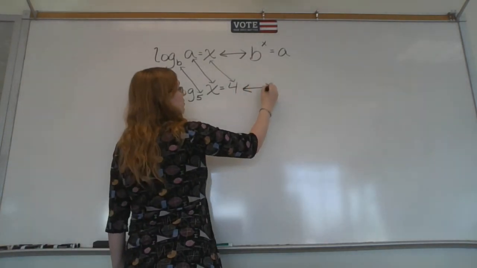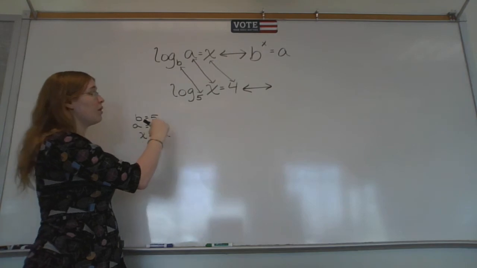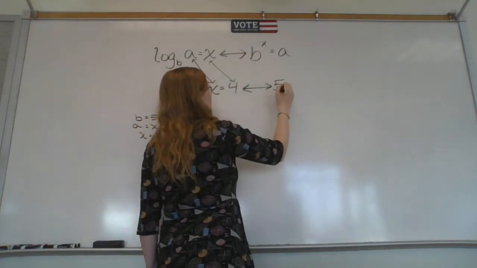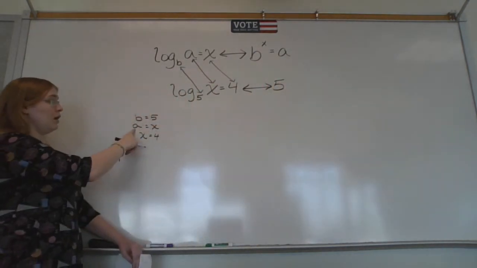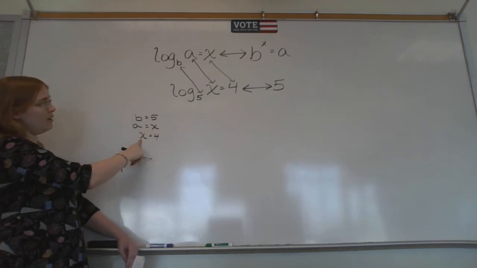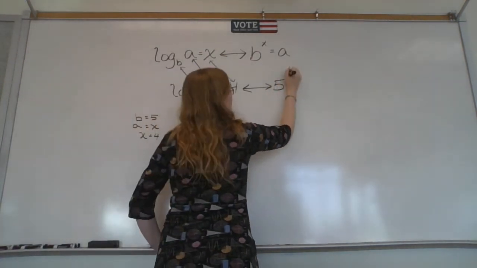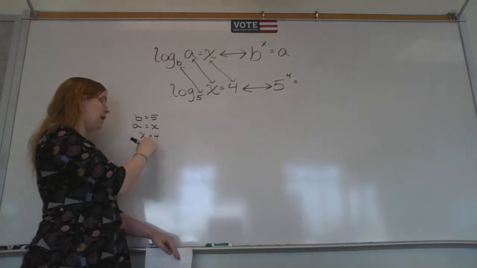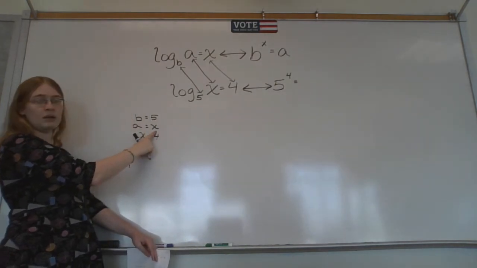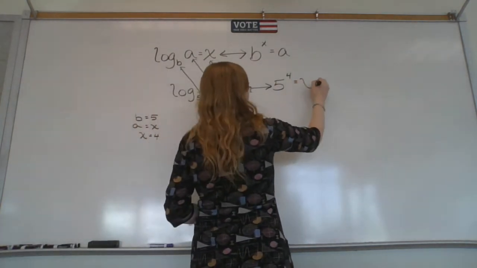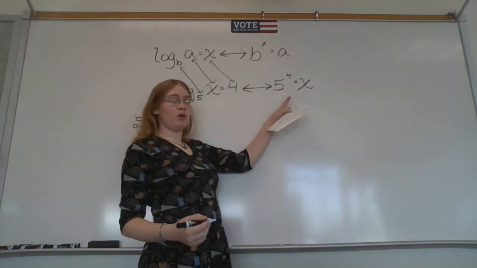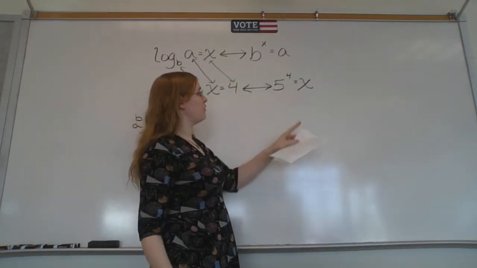So that converts to b, 5, x, 4, and then a is x. And boom, when we've converted it, we've solved it, right? x equals 5 to the 4th.